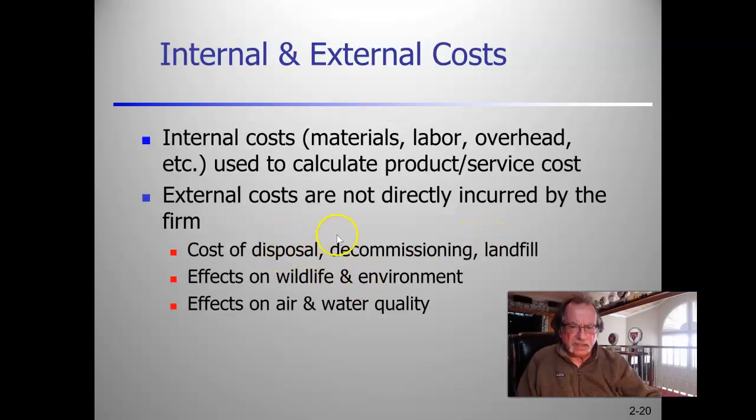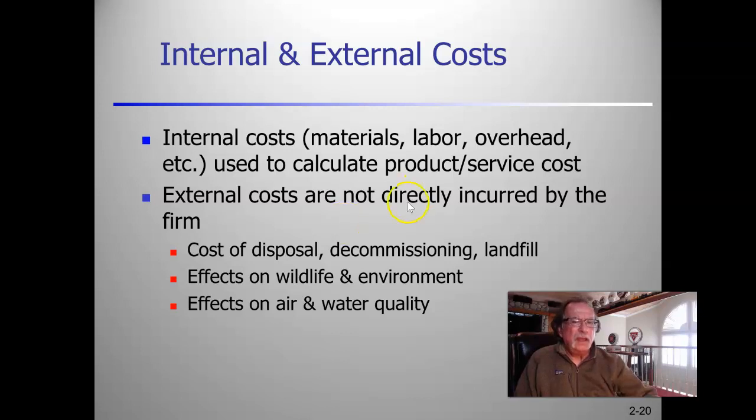And I'm going to tie this retirement and disposal into this last bullet point, but we have two types of costs, internal and external. Internal costs are costs directly incurred by a company: materials, labor, overhead. Now, external costs are not directly incurred by a firm.